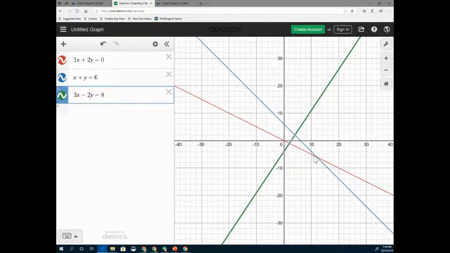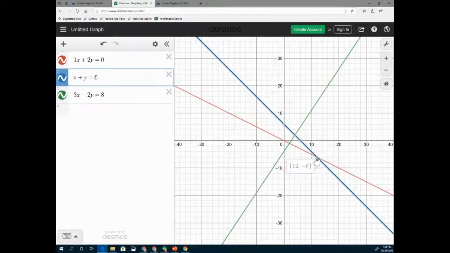But not all 3 of these intersect at the same point. The green line would have to go through like maybe this intersection point for it to be a true system. Or the red one would have to go through the green and blue. The green, the red, and blue all need to go through the same ordered pair. But they don't. So this is no solution because they don't all go through the same point.